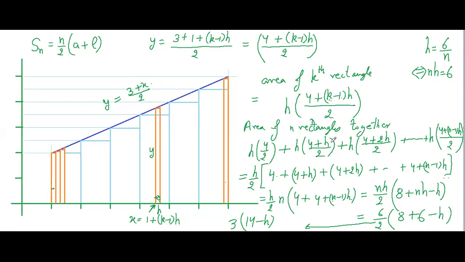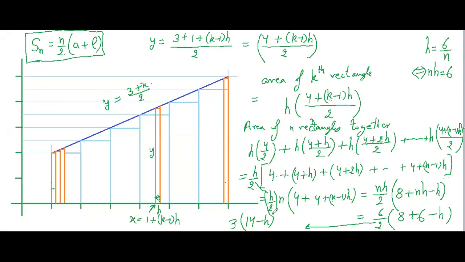One mistake is there. Thank God it is toward the end of the calculation. We used this formula, but didn't use it correctly. h by 2 is there, so I have written h by 2, but I confused this 2 with this 2.